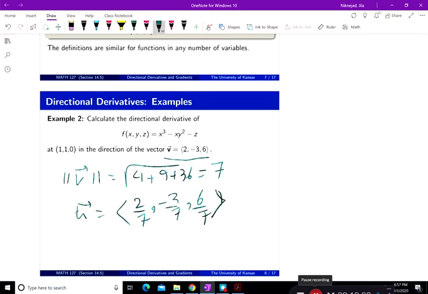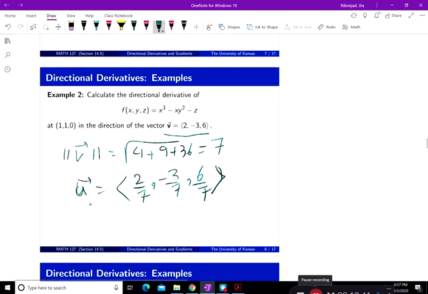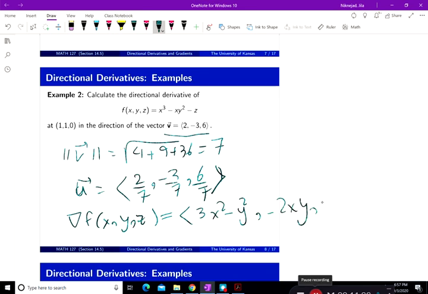Now that we found this, let's find the gradient vector at (x, y, z). See, there's another input. The first coordinate is 3x squared minus y squared. The second coordinate is minus 2xy. With respect to z, negative 1.